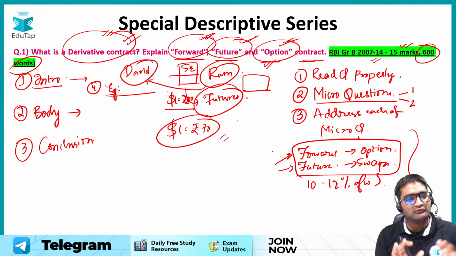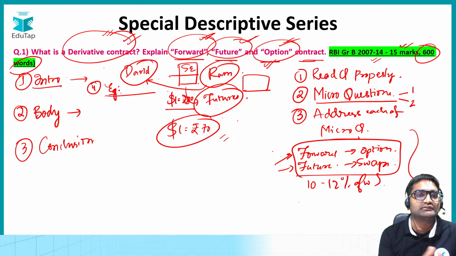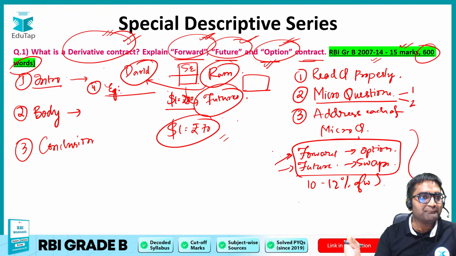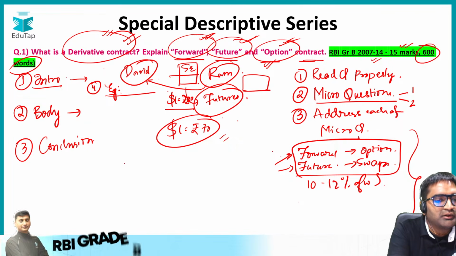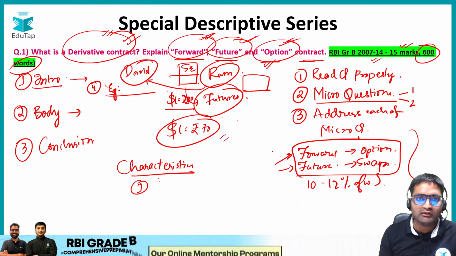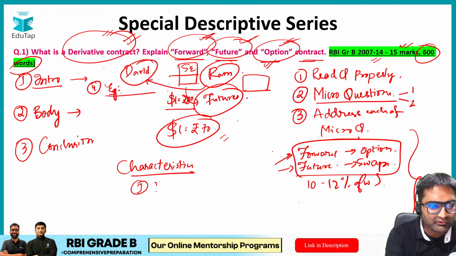So you can mention this in the body. In this manner, you can bring up this example and mention all the kinds of derivative contracts. Then you can also mention some of the characteristics of the derivative contract, like a derivative contract's value depends upon an underlying asset.